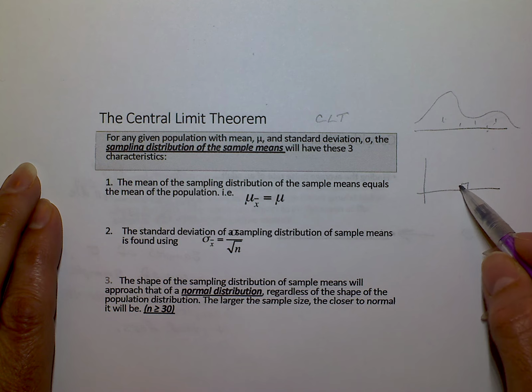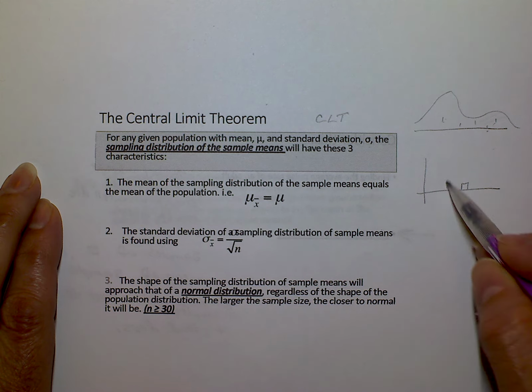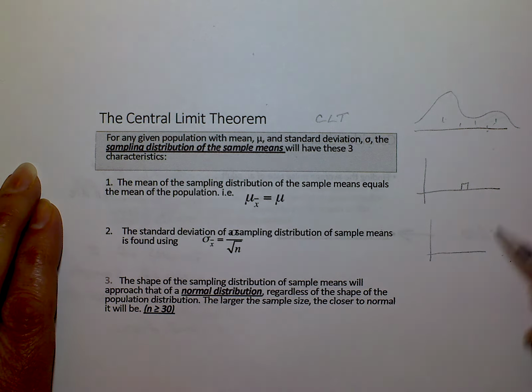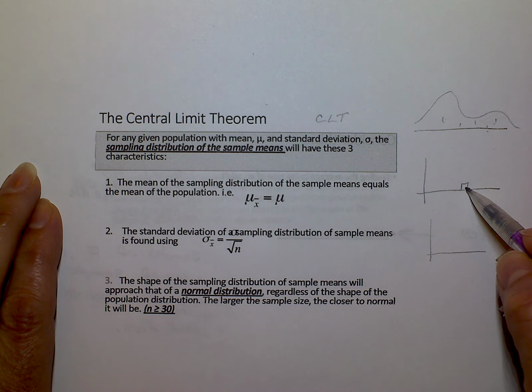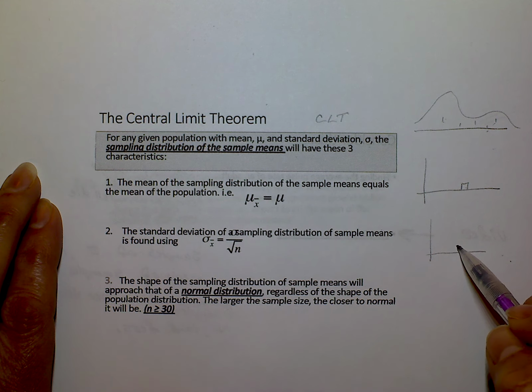We did that too. When we did the mean of the sample, and then we took all of these and we found the mean of both of that, this is the sampling distribution of the sample means.